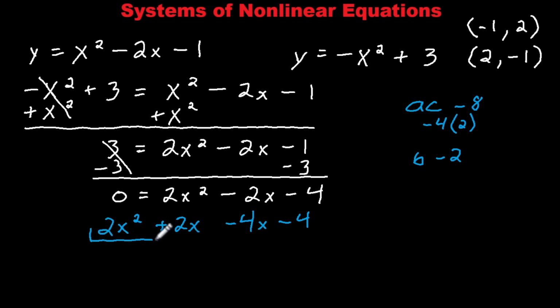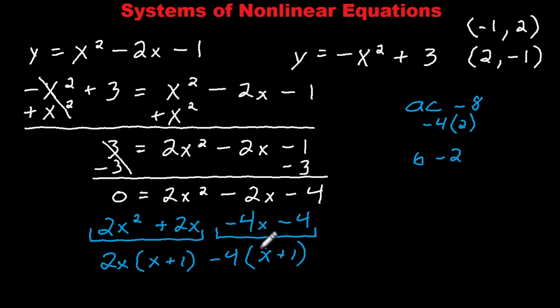Now, what I do is I'm going to factor these two and factor these two. And what I can pull out of both of these is a 2x. And when I do that, I would get an x plus 1 inside. And then what I can pull out over here is a minus 4. And what would stay inside should be the same as this, which is x plus 1.